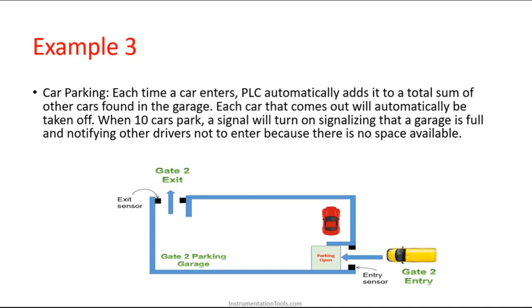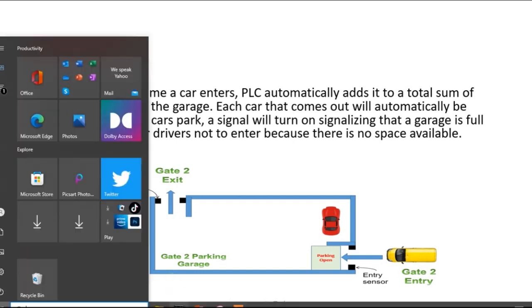We can intimate them that there is no space. Instead, if we allow them and they come inside and there is no space and there is no way to go out, it's a bit tough, right? So instead of this, you can intimate the driver at the entry gate itself. So let's see how to do this in CX programmer.